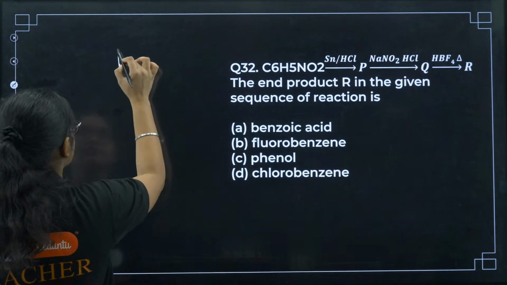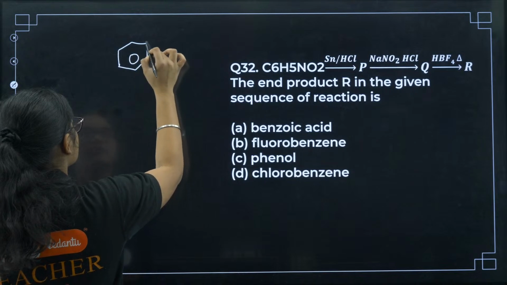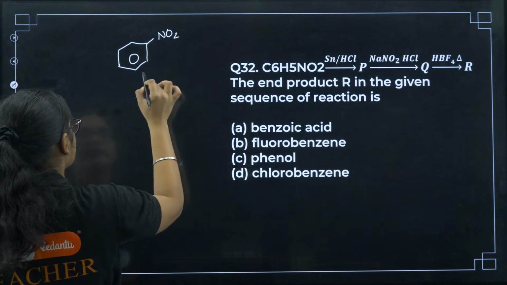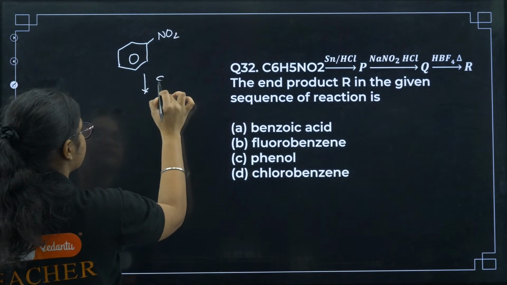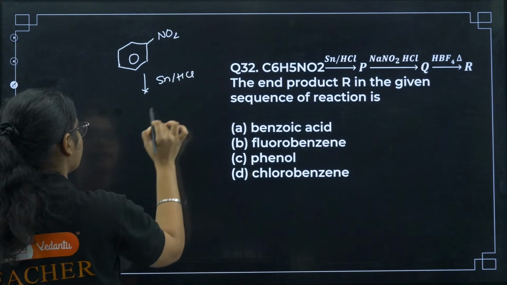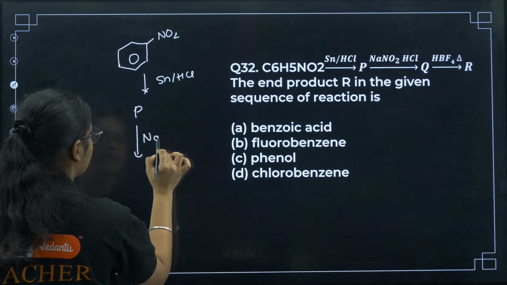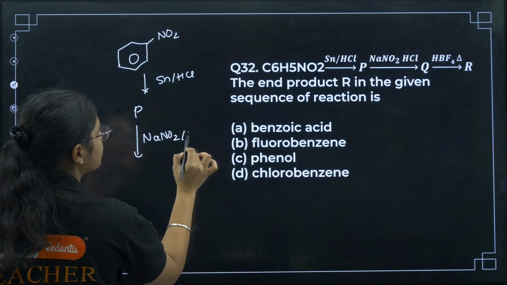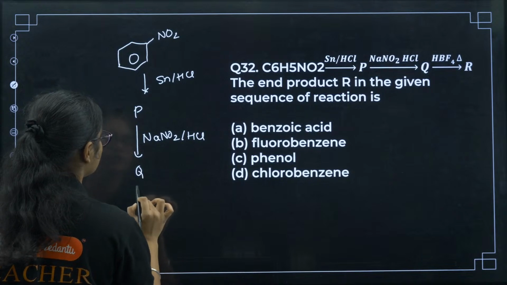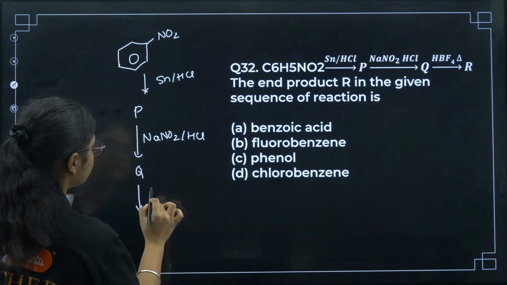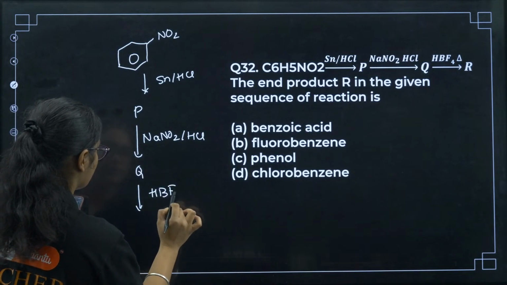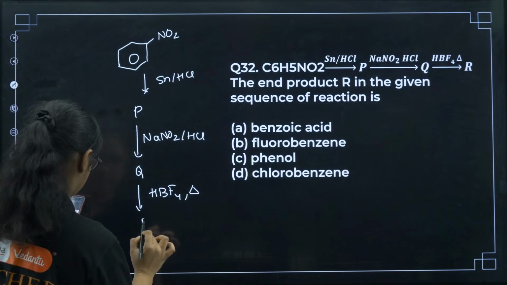C6H5NO2 means you have nitrobenzene. Treating it with Sn and HCl gives P. Then NaNO2 and HCl gives Q. Then HBF4 and heating gives R.